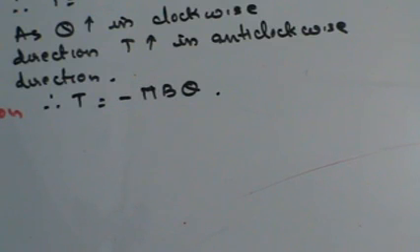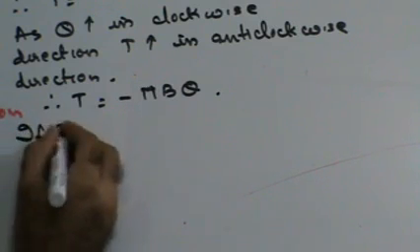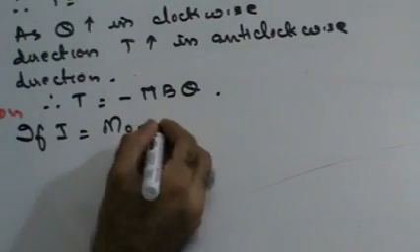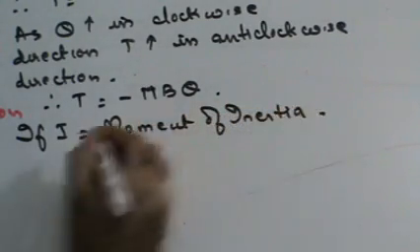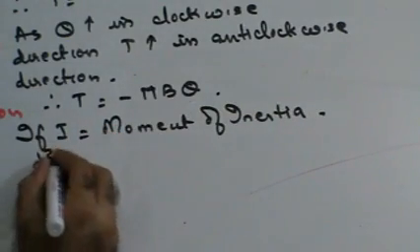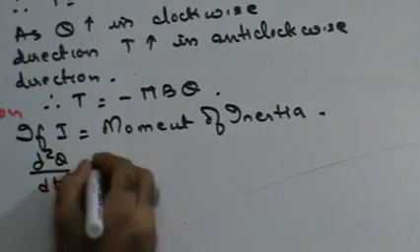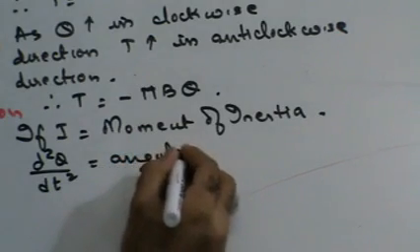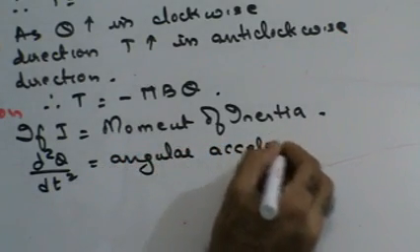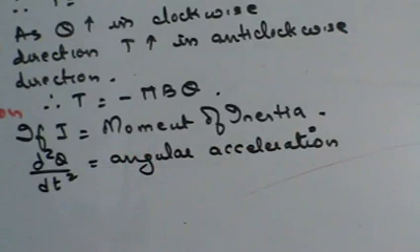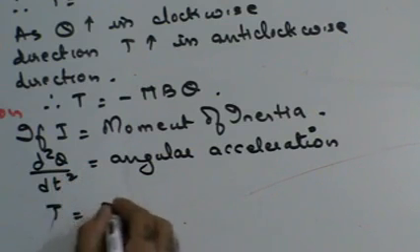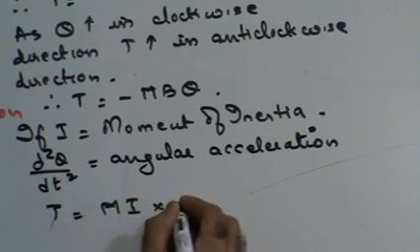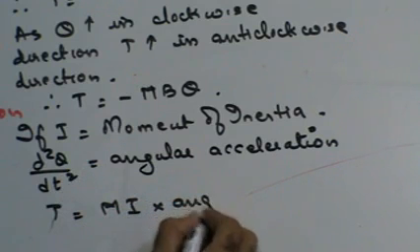Now, if I is the moment of inertia, and d square theta upon dt square is the angular acceleration, then torque is nothing but moment of inertia into angular acceleration.